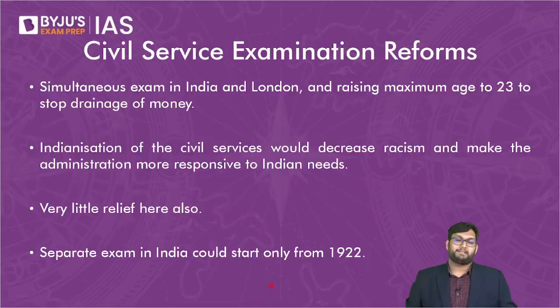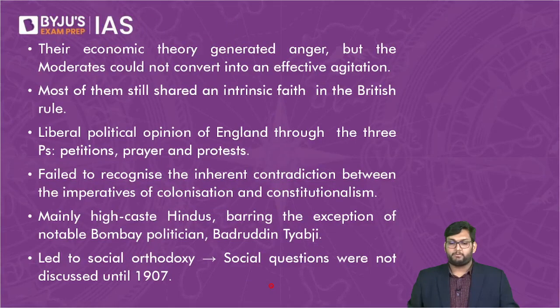We'll talk about the demands later. Moderate methodology is based on three very simple things. Intrinsic faith. British are doing un-British things, but they want to do good things. So let us remind them that they should change, and we will do it through prayer, petition, and protest.